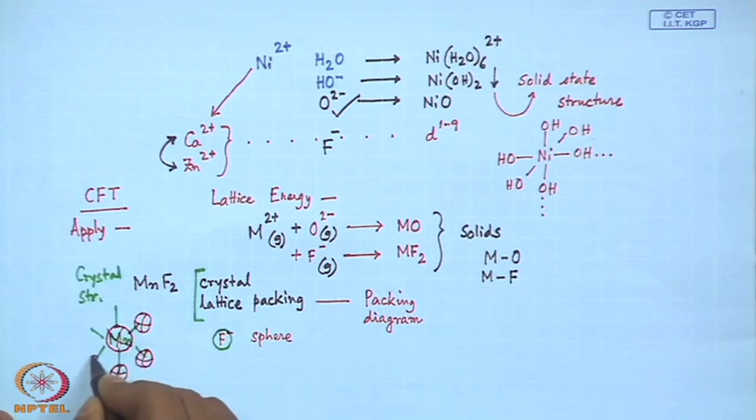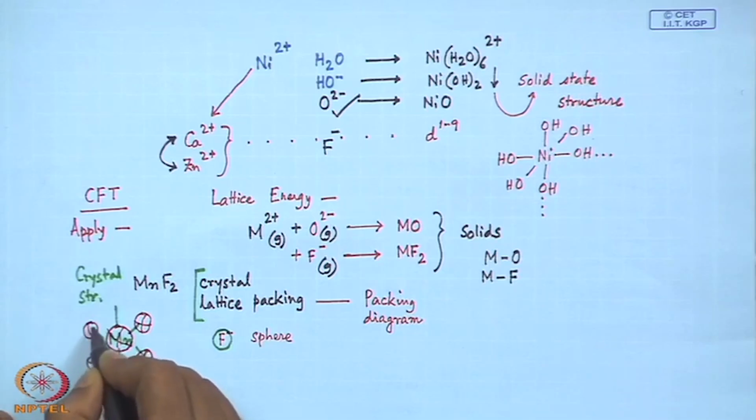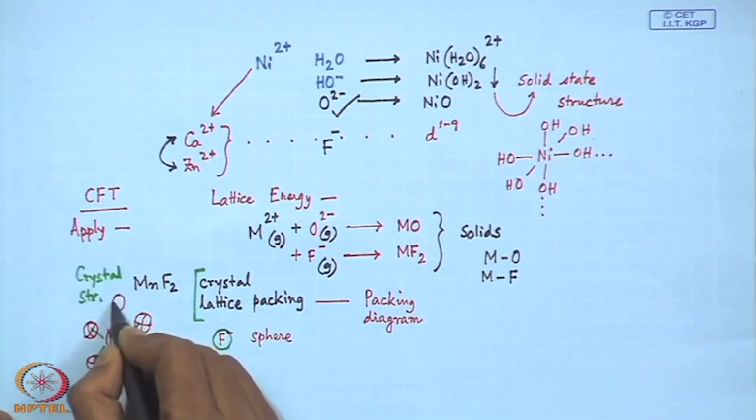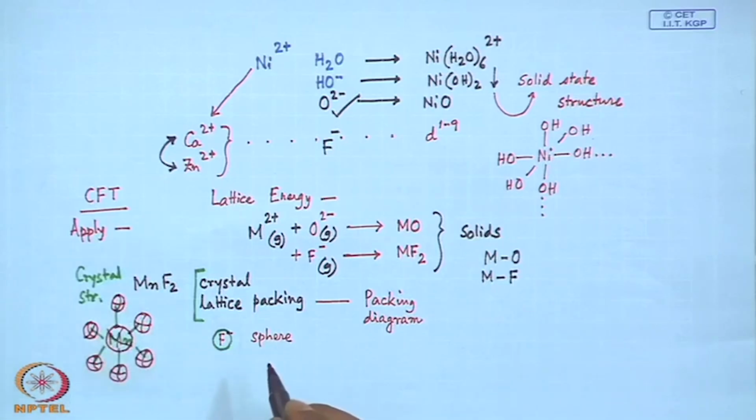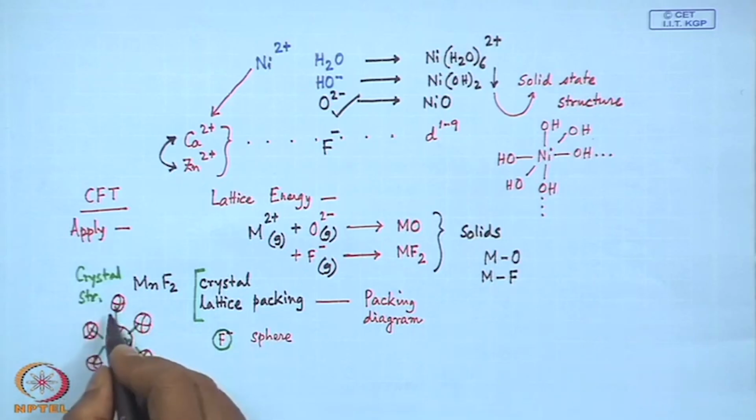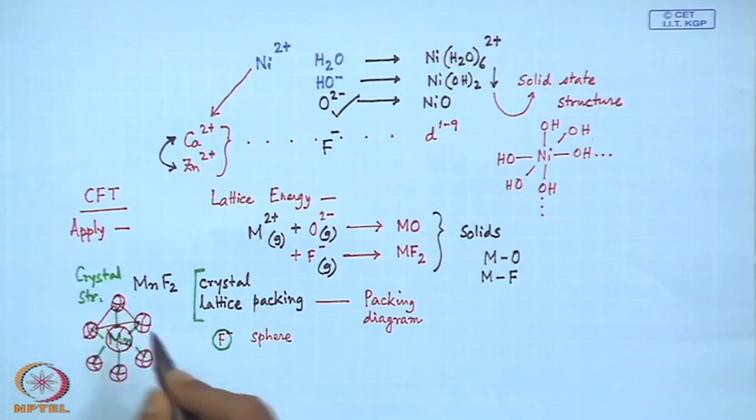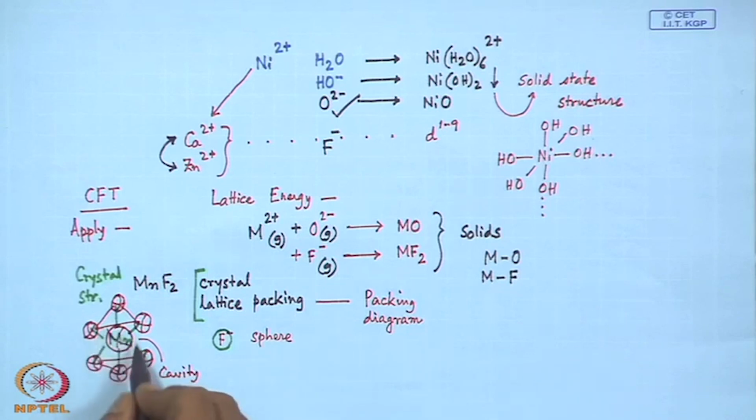Though we have the charge for two fluoride anions, when it is packed inside the crystal lattice, we will see that all 6 fluoride anions are packed, and within these 6 fluoride groups we can generate some amount of cavity, and that cavity can nicely accommodate the corresponding positively charged dicationic species, which is manganese 2 plus.